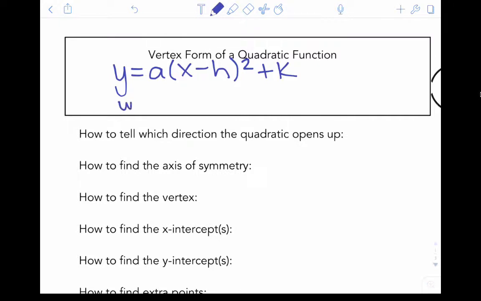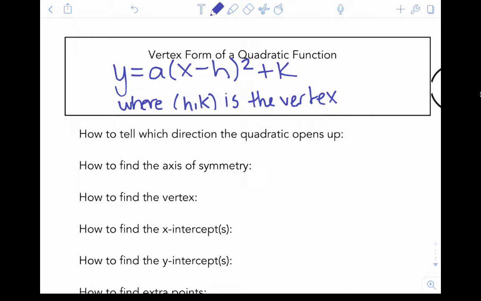And this is where the point (h, k) is the vertex. This is why it's called vertex form, because it actually gives you the vertex. The a value is the same a value that we have in standard form. And then, of course, the x and y are just the variables.